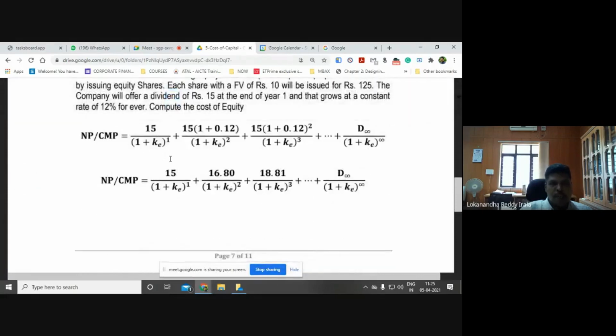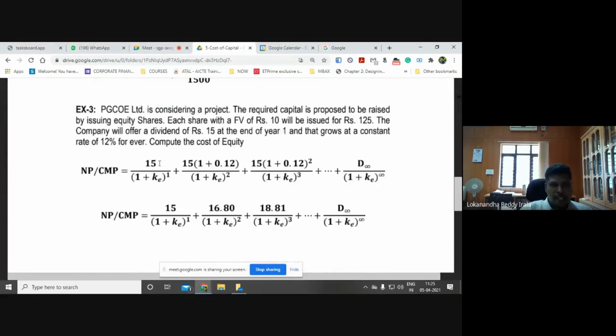Here, in the first year you get a dividend of 15, which later keeps increasing at a constant 12%. So first year you get 15 rupees, next year 16 rupees 80 paise, next year 18 rupees 81 paise, like that for infinity.